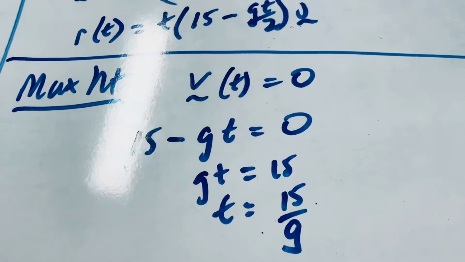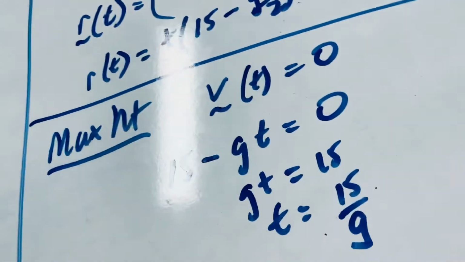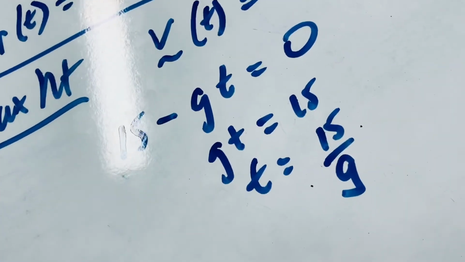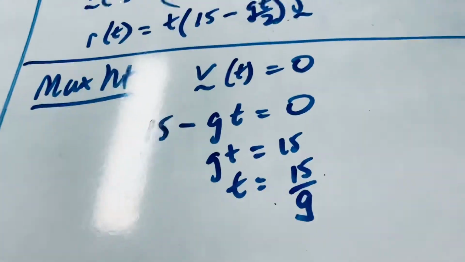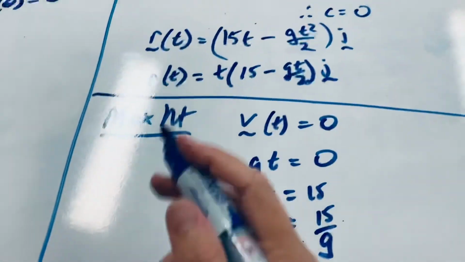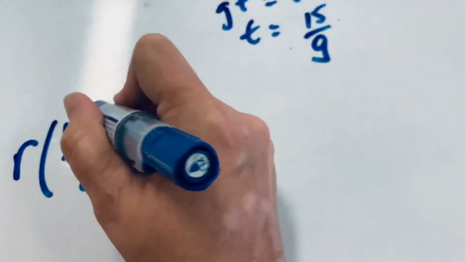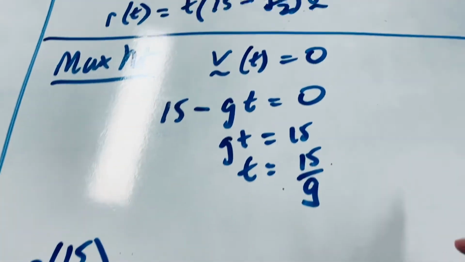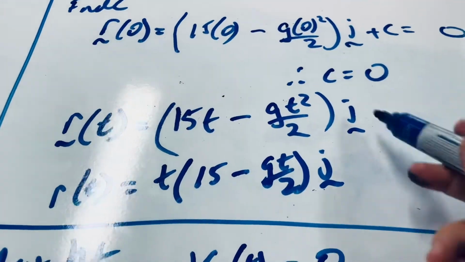But that hasn't answered my question. I know the time when max height occurs, but I haven't got what that max height is. So I need to go back now and look at position vector r at time 15 on g. Now, just go back up here. We'll use the top one.